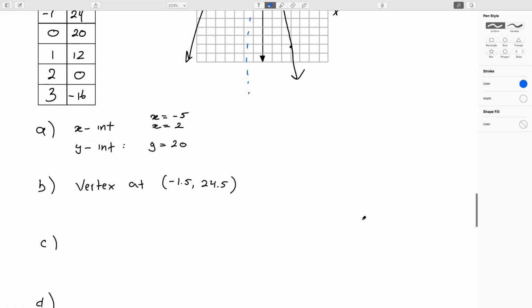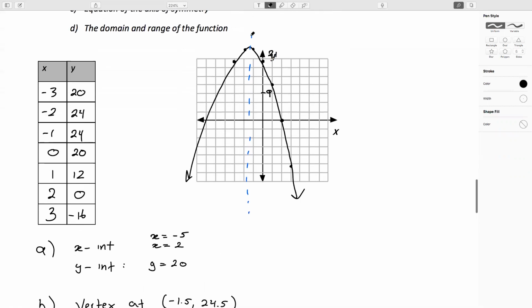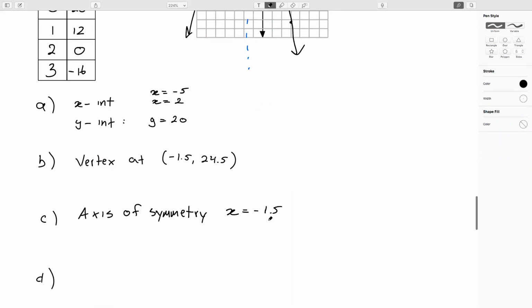If we have a vertex at negative 1.5, well, that means the axis of symmetry is also at that point. So the axis of symmetry is at x equals negative 1.5. Technically, it's not a point, it's a line. It's all of the y values across this one x value. But once you know the vertex, you've got the axis of symmetry.